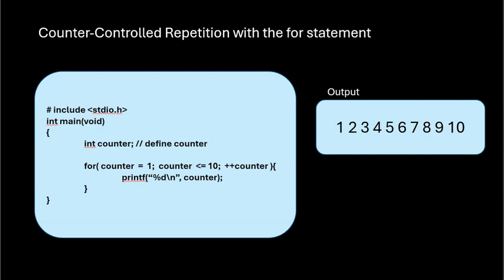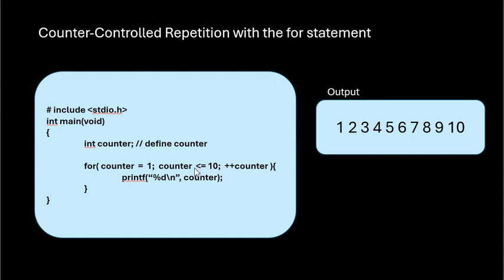Now let's pay our attention to counter control repetition with for statement. Here we have a variable counter, data type is int. Now we have for. Inside the brackets we set counter equals 1, then check whether counter is less than or equals to 10.